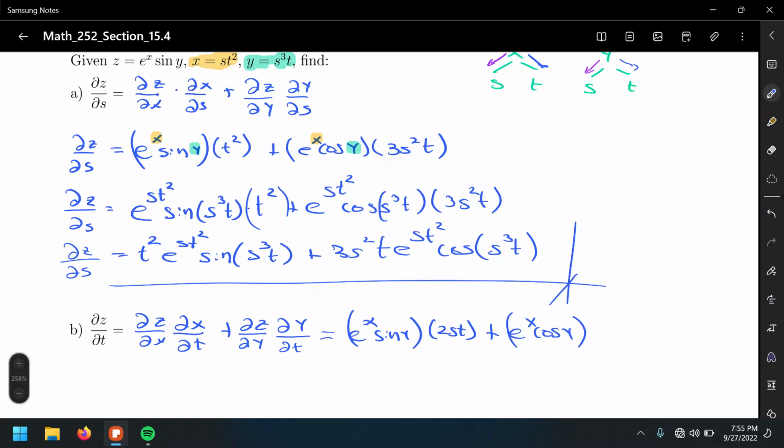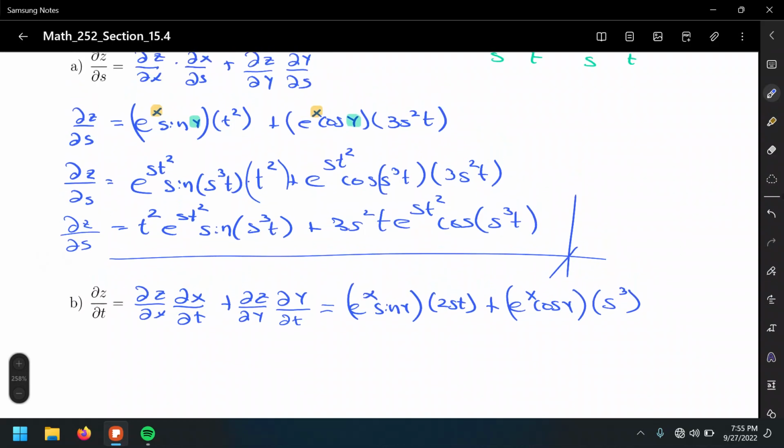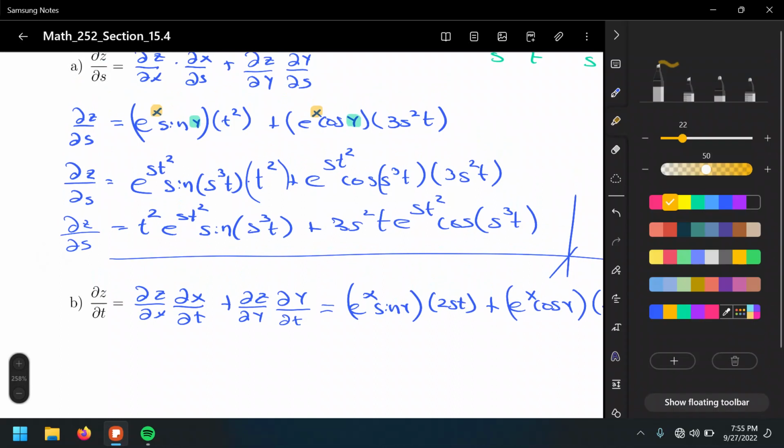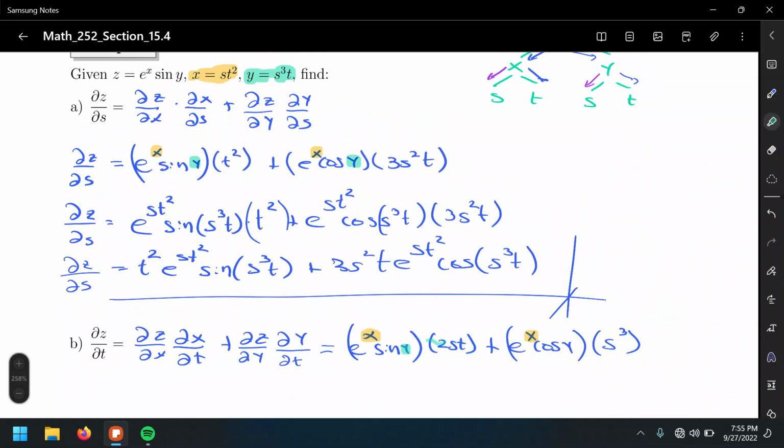And well, the derivative of t in this case is just 1 times s cubed. It's just s cubed. All right? And well, the rest is just back substituting again with the same color coding here. Okay, x is st squared, and y equals s cubed t.